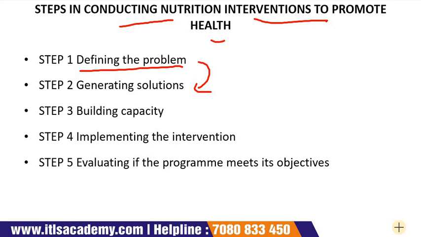Now, when we have gathered the information for generating the solution, we go to the third step, which is building capacity. In this, we have to develop an institutional framework in which to act, identify the support and structure, and also determine and mobilize the amount of resources needed.